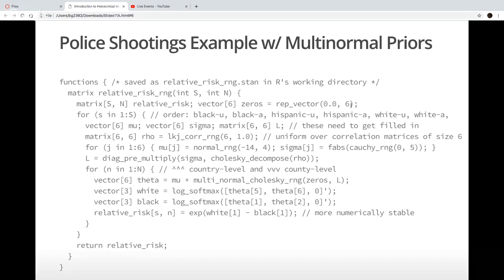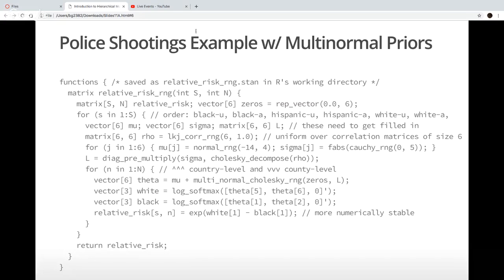Because in the original paper we have 6 combinations of race and weapon status. The way they order it in the paper is black unarmed, black armed, Hispanic unarmed, Hispanic armed, white unarmed, white armed. So those are the 6 things that we want to be drawing intercepts for at the county level.